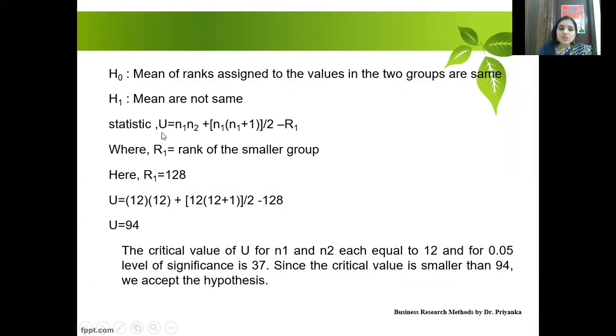So the test statistic U would be equal to N1 times N2 plus N1 times (N1 plus 1) divided by 2, minus R1. R1 is the rank sum of the smaller group here.